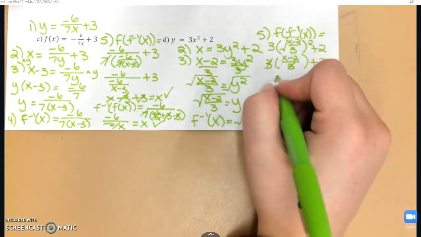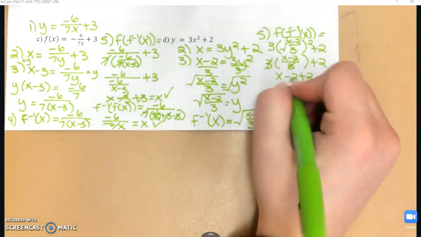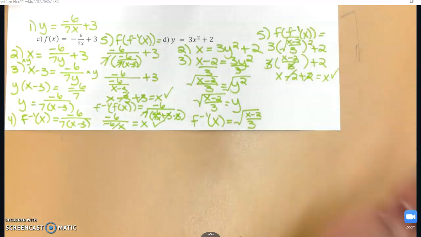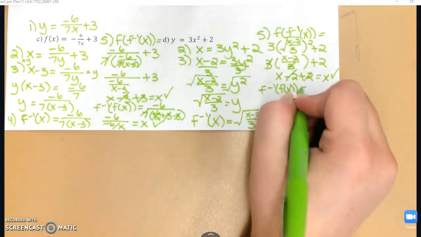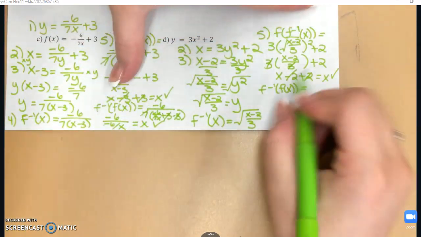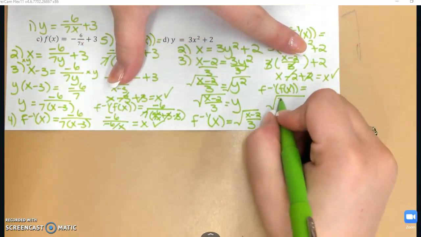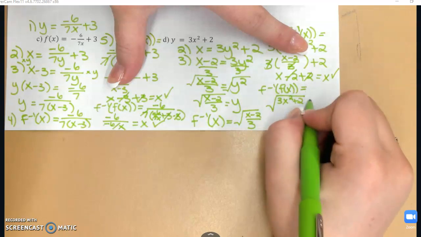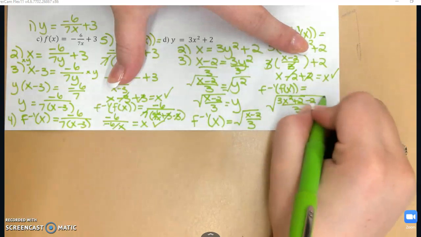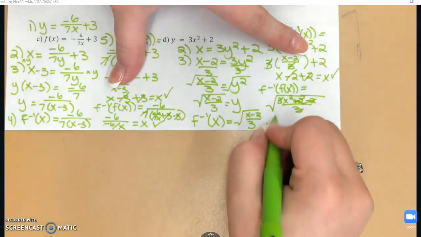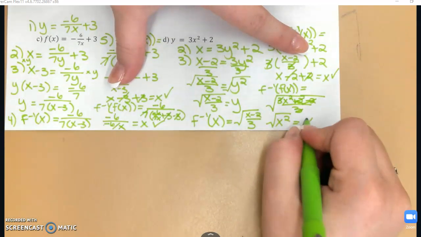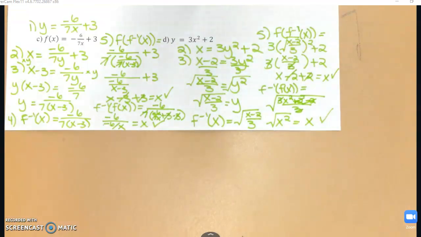Those 3's cancel, so I have x minus 2 plus 2, which is x. Then the other way around, I've got inside my square root 3x squared plus 2 minus 2 over 3. Those cancel, my 3's will divide out, and I'm left with the square root of x squared, which is x. And that is how we find inverse functions algebraically.